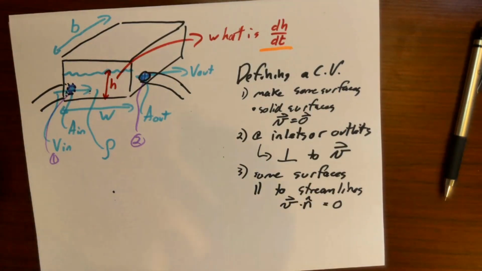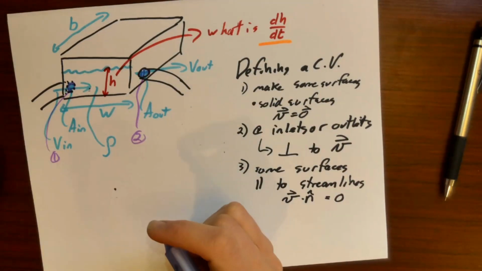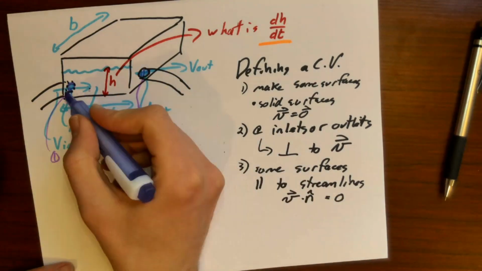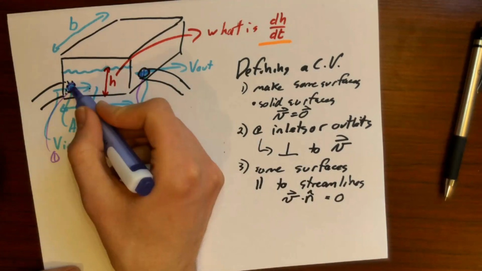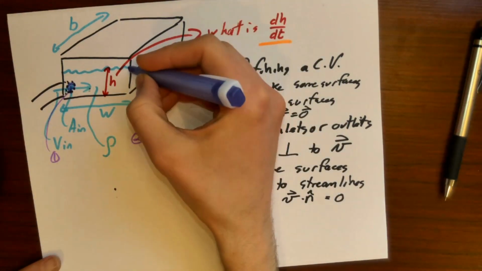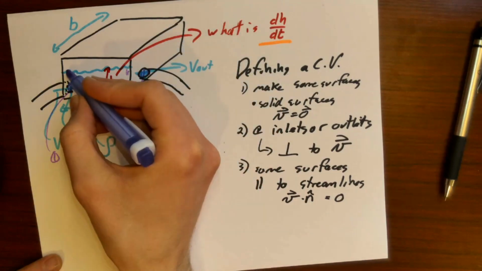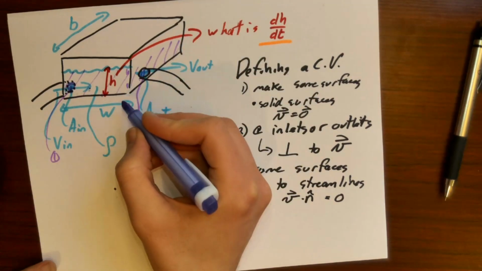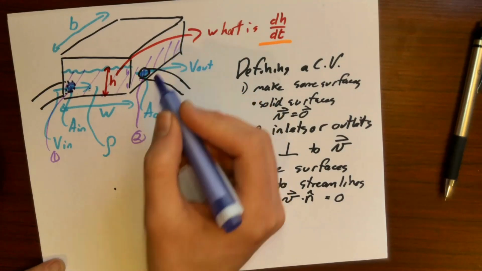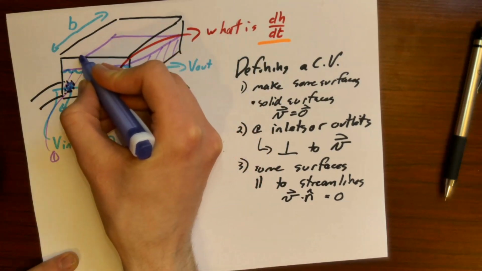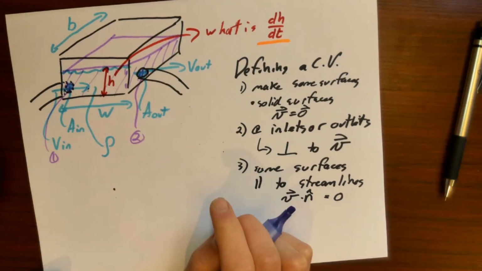It needs to be a mathematically perfectly enclosed shape. We can't have just part of a surface. So I'm going to make part of my control volume perpendicular to the inlet, part of my control volume perpendicular to the outlet. I'm going to make other parts of my control volume coincident with the walls of the tank, and another part of my control volume coincident with the top surface of the fluid.